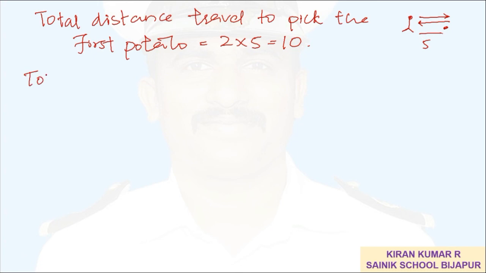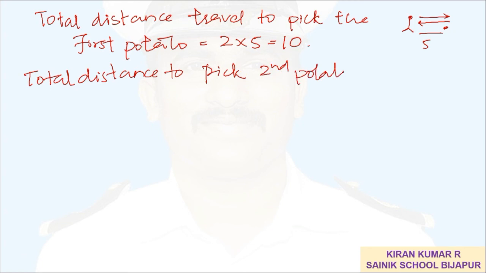Same way, the total distance to pick the second potato will be 2 times of 5 plus 3. Why 2 times of 5 plus 3? The next potato is placed at 3 meters further. So the person has to go there and come back. So it is 5 added to 3, 2 times. On simplifying, we get 16.